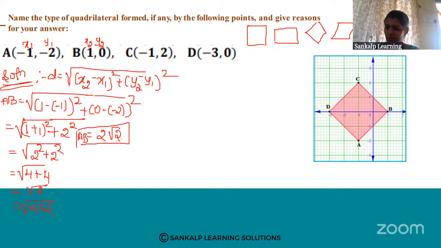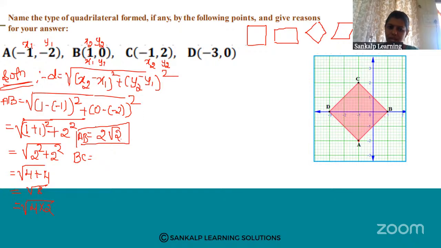Now, we'll find the distance between BC. We know the B coordinates and also the C coordinates. If I consider BC, then from B to C, this is x1, y1 and this is x2, y2.